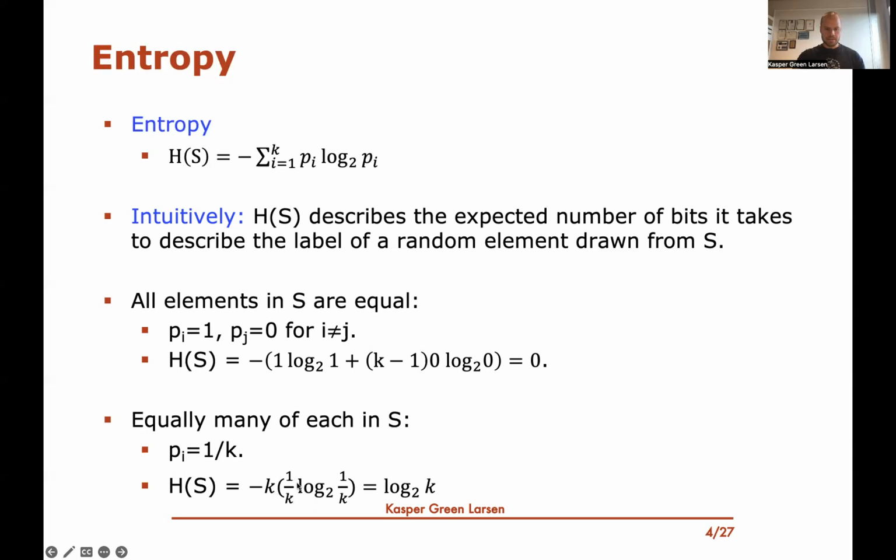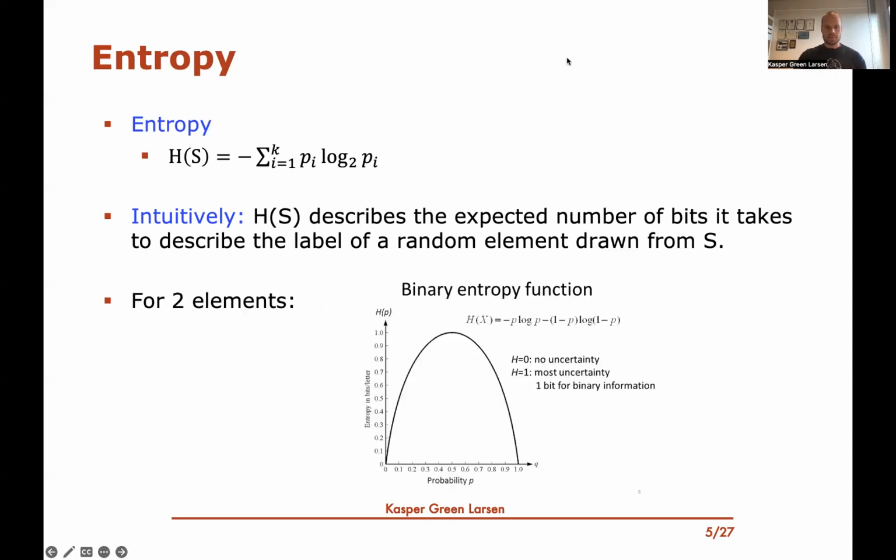Okay, so the k's here, as you can see, cancel out. The minus moves inside the log, so this 1 over k becomes a k, resulting in an entropy of log k. Which again, if you think about this intuition up here, how many bits does it take to describe the label of an element drawn from S? If there's exactly k choices, it makes sense that I need log k bits to describe any one of them. Okay, so that's the intuition behind the entropy function, right?